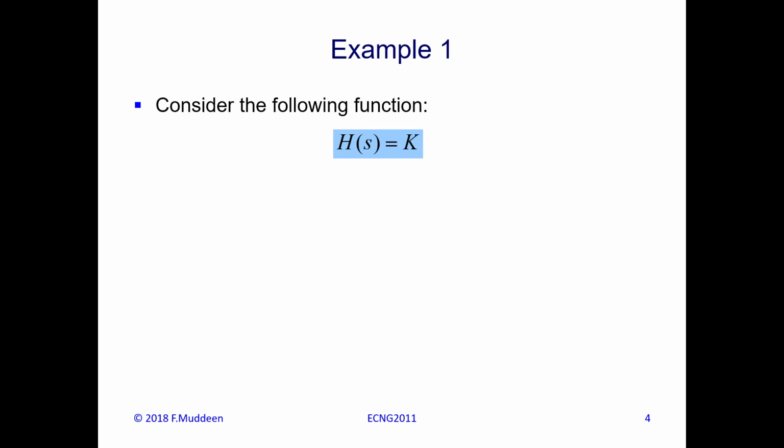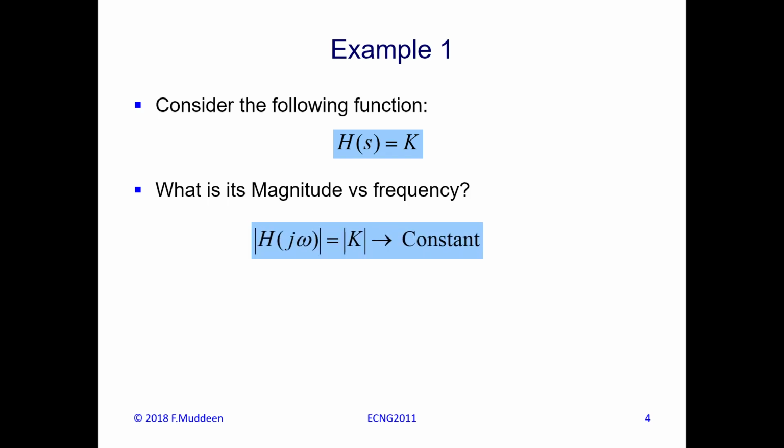So our first example is if our Laplace function H(s) here is equal to some constant K. If we try to find the magnitude versus frequency here, which is given as the square root of the real squared plus imaginary squared components, what we will get is basically a constant.